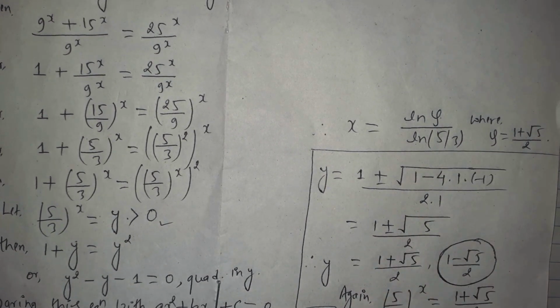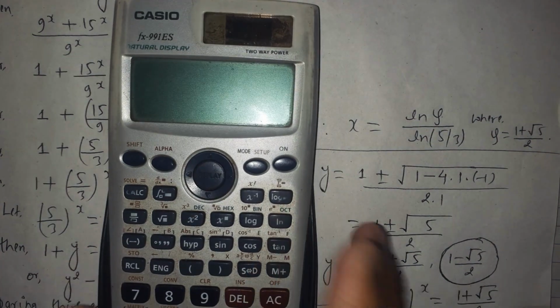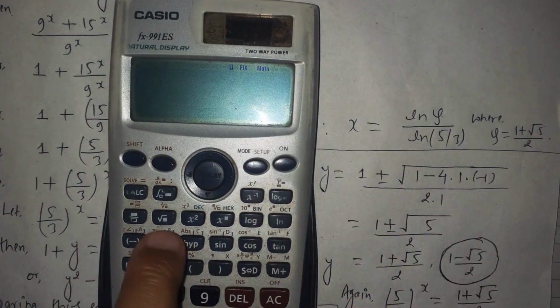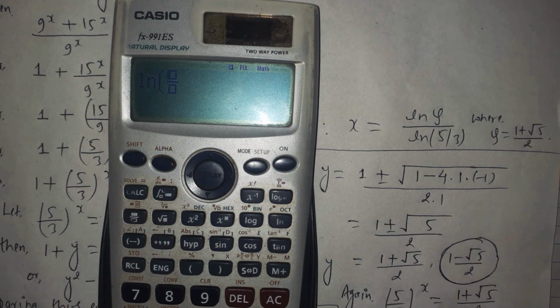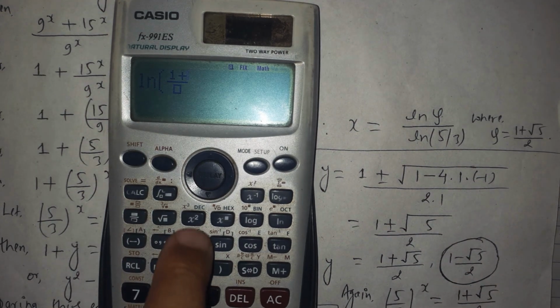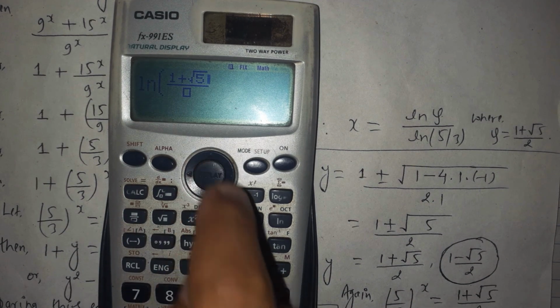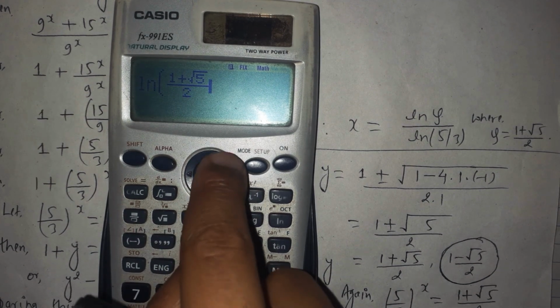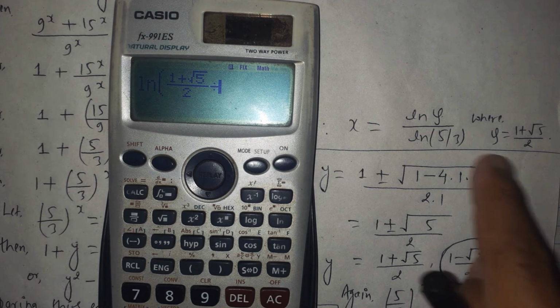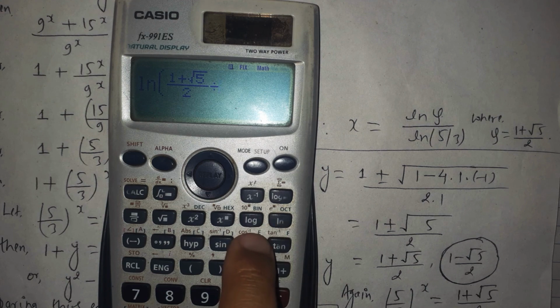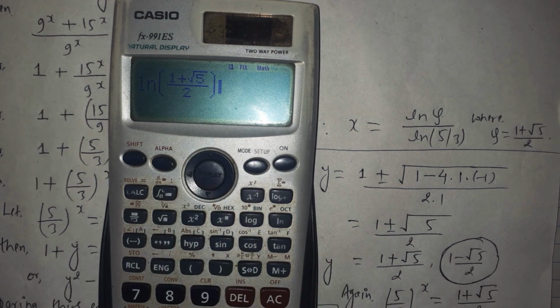Let's calculate its numerical value. Let's plug it into the calculator: the natural log of the golden ratio (1 + √5)/2, divided by the next number, ln(5/3).